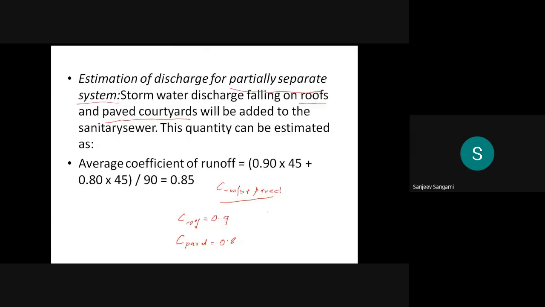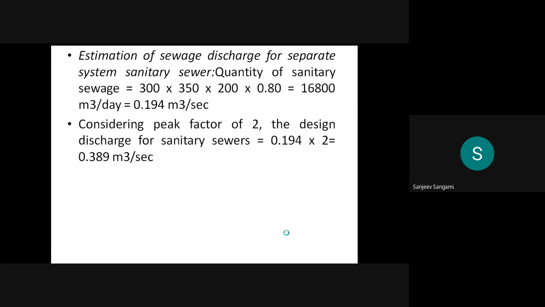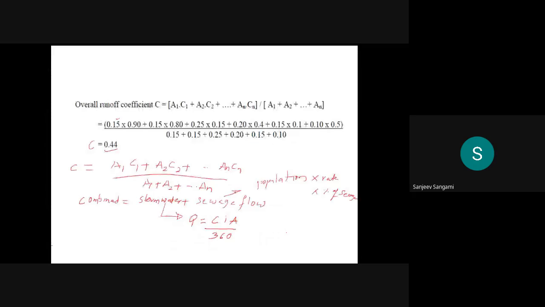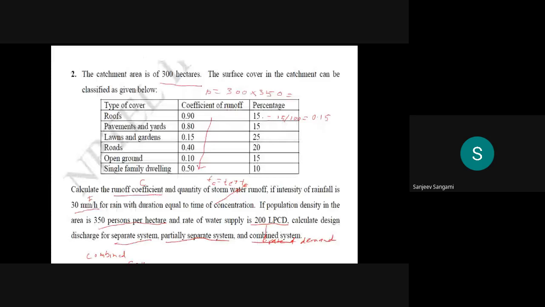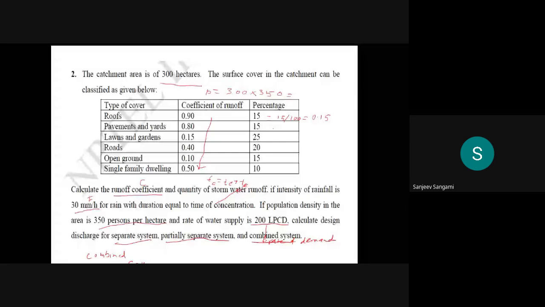Then he has given the area, it will be 15%. Here also he has given area 50%. If you go back and see here, the roof says 15% and pavement is 15%.